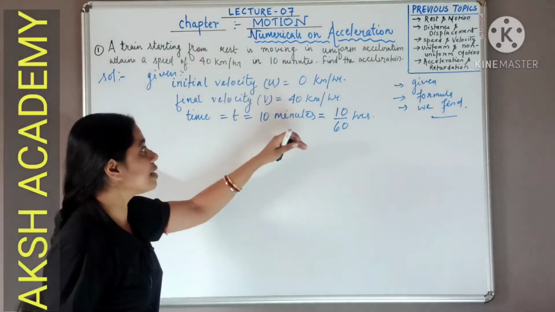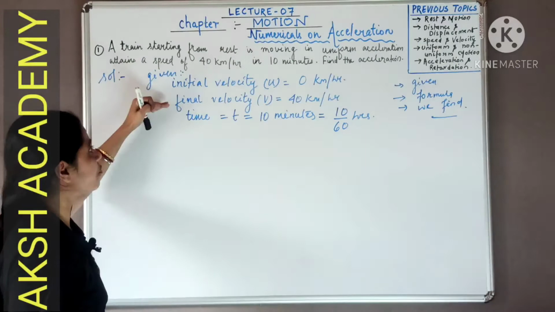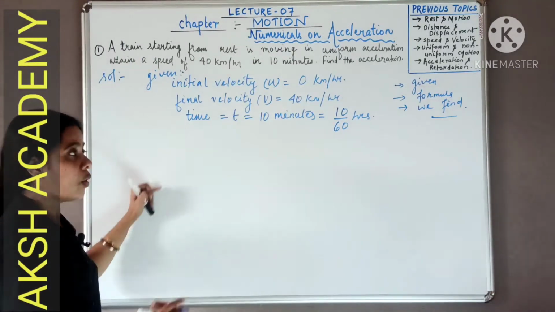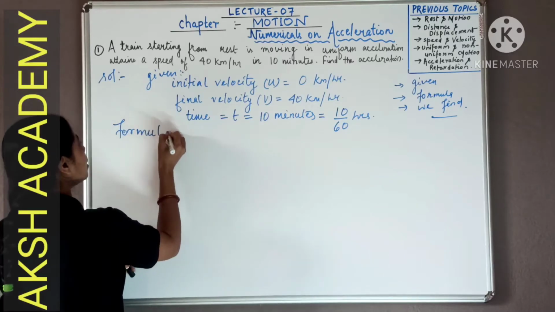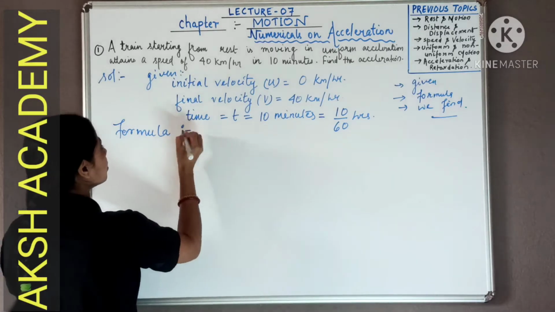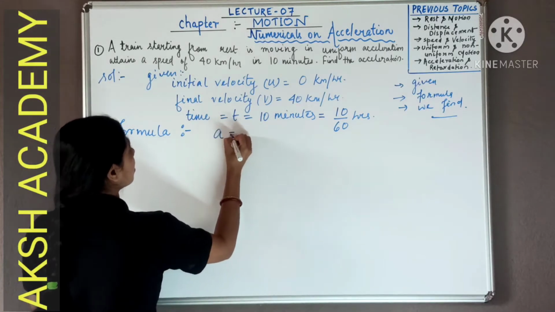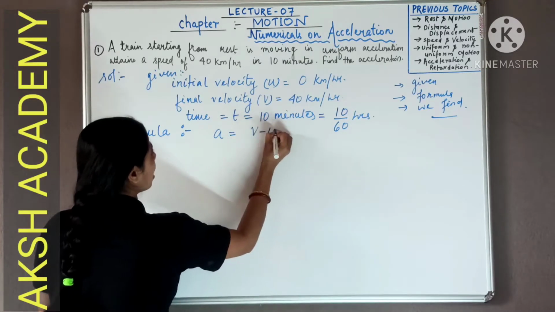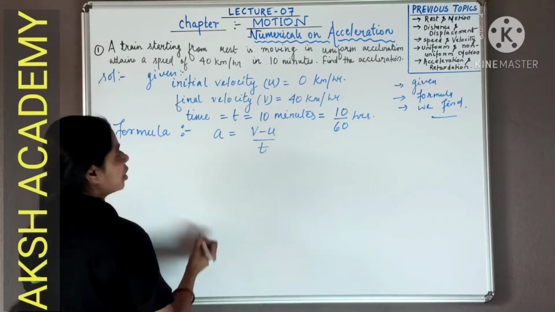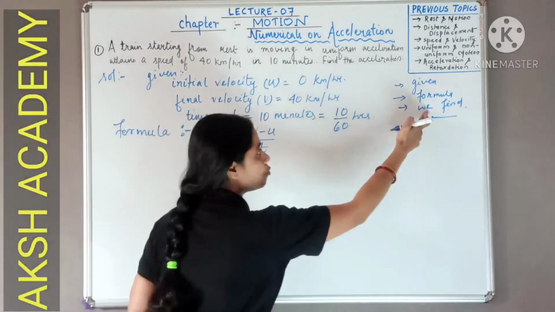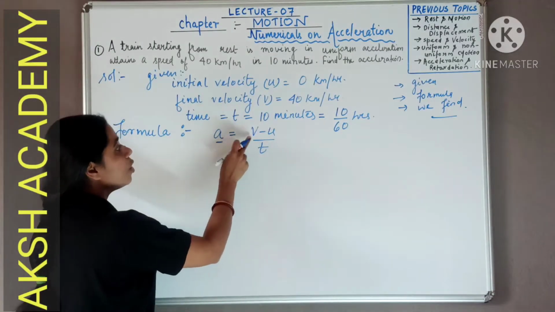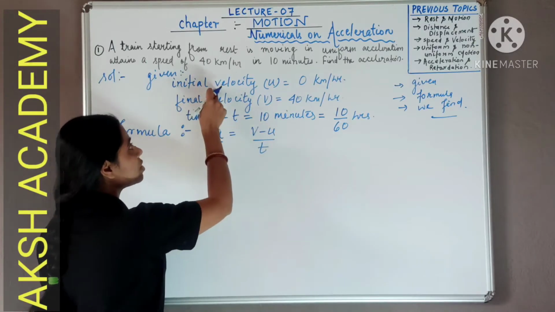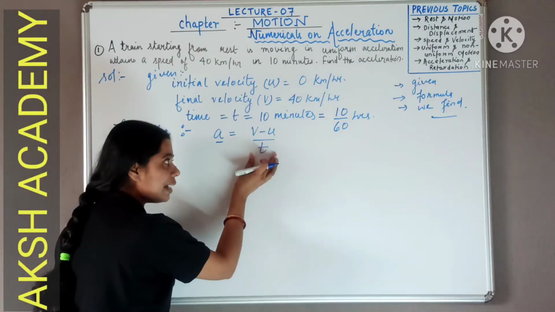Now what is the relation between initial velocity, final velocity and time? We have learned that the formula for finding the acceleration is a equals v minus u by t, because this we have to find. So acceleration is equal to v minus u, means final velocity minus initial velocity, by time.